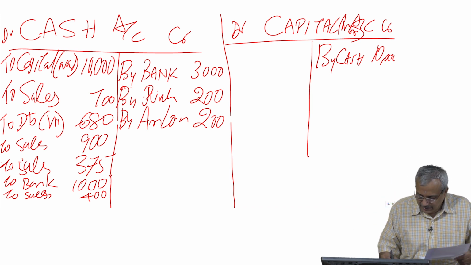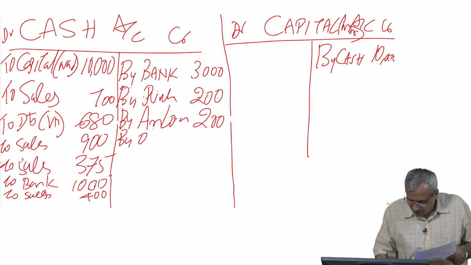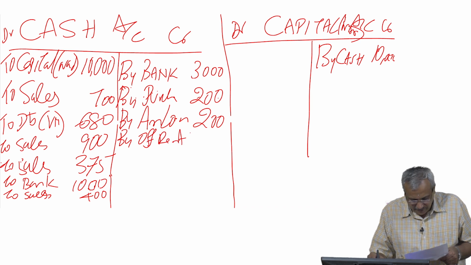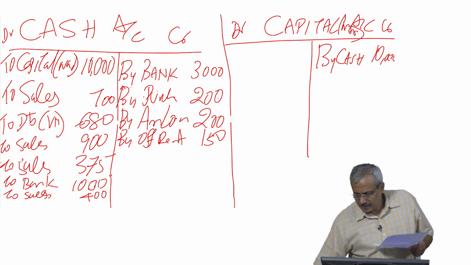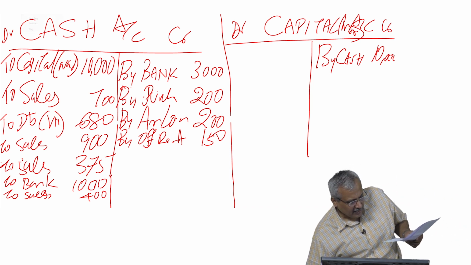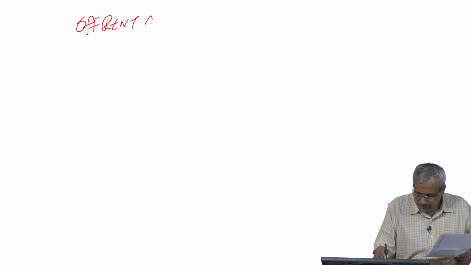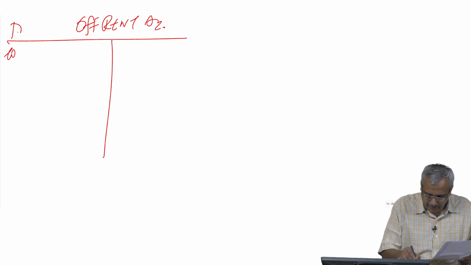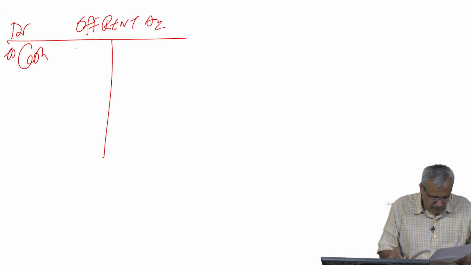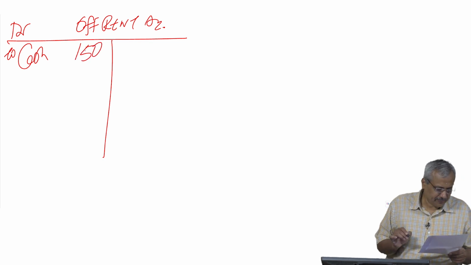Cash is going out, that is cash is credited by office rent, rupees 150. Now I can open another account, my office rent account. I will say office rent account has been debited to cash, rupees 150.